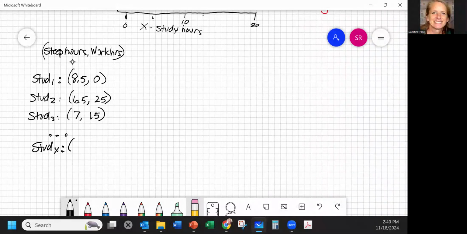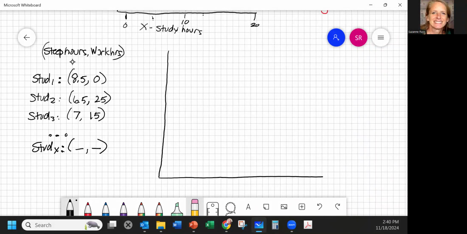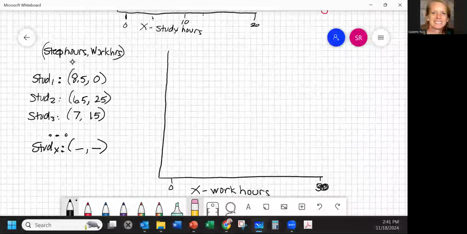So let's plot these out the same way. We'll draw our two axes and we'll make them approximately equal in length. On our x-axis, I think maybe work hours would predict sleep hours a little better than the other way around. So I'm going to put work hours here. Let's imagine that they can go from 0 to, I imagine 60 is possible. In this data set, for the sake of our demonstration, I'm going to stay with 30, just so that I can stay on the page here, but you'd want to address your data in here.